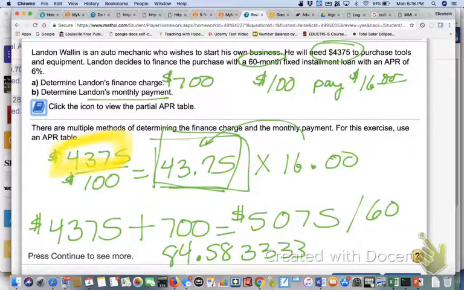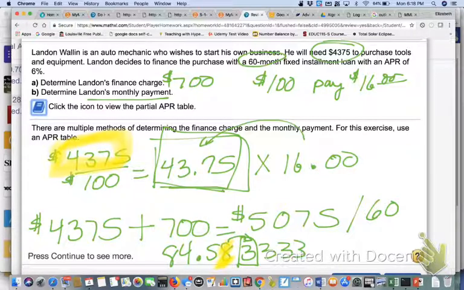So remember, when you're rounding money, you round to the second decimal place because that helps with dollars and cents, right? So if we've got a 3 here, remember the old rule for rounding. We're actually rounding the second decimal place, so we're rounding the 8. We need to decide whether to round the 8 up to 9 or to leave it as an 8. If the number to the right is 5 or smaller, then you just keep it the same. If it's 5 or bigger, you round it up.